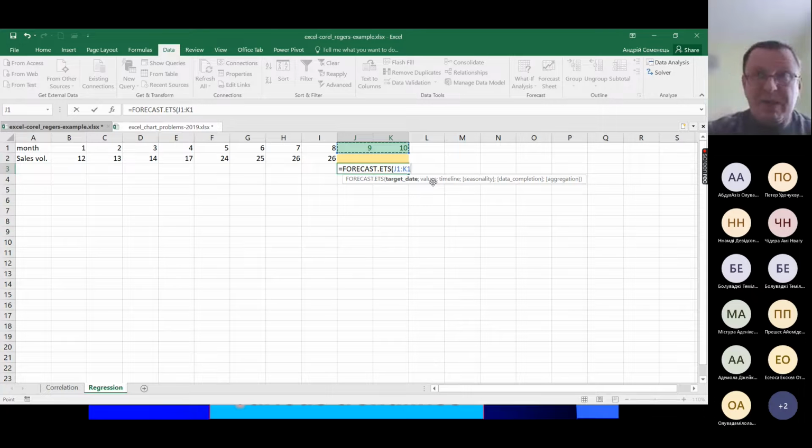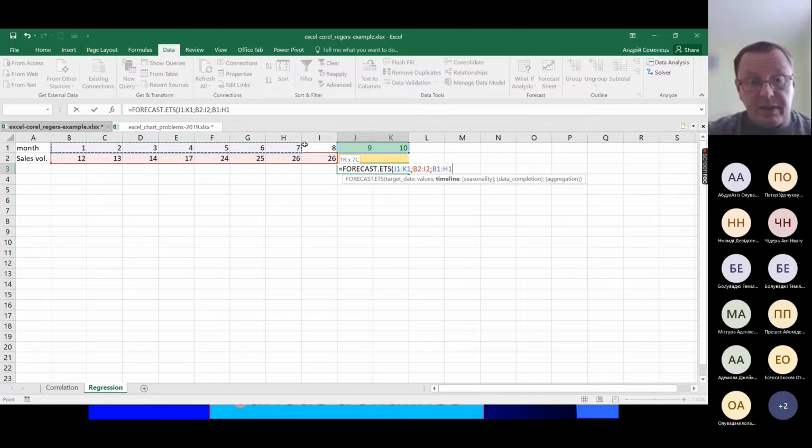So the specific timestamp is not significant. Significant is the interval between observations. So here I have to use the target date or target interval numbers, then my known values, the dependent variables, then independent variables. And if I suspect that I have some seasonal trend, I add the seasonality parameter.